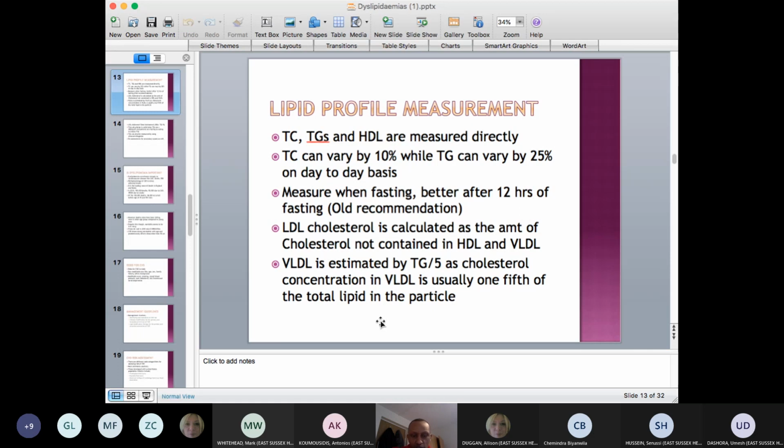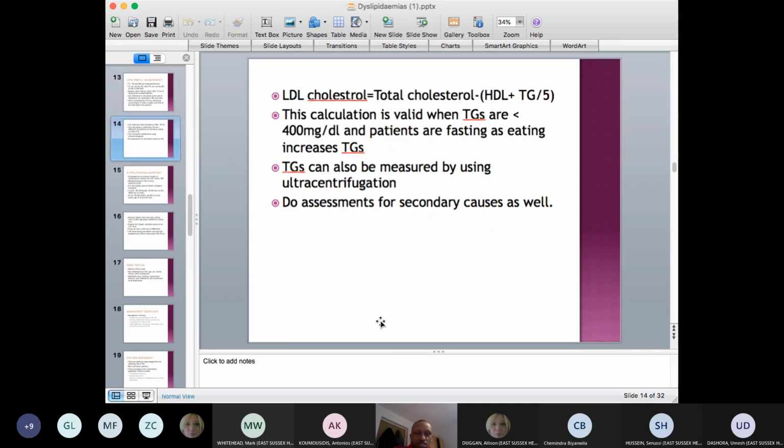Very low density lipoprotein is always a fifth of the total triglycerides. So if you want to establish the measure of LDL, the way you measure it is the total cholesterol minus HDL minus what you get after you divide triglycerides by 5.